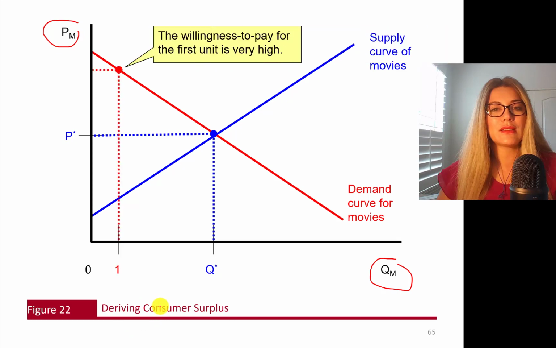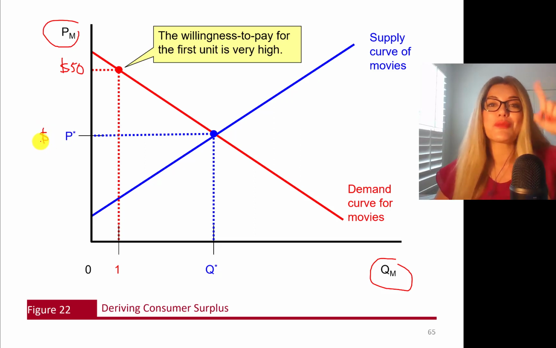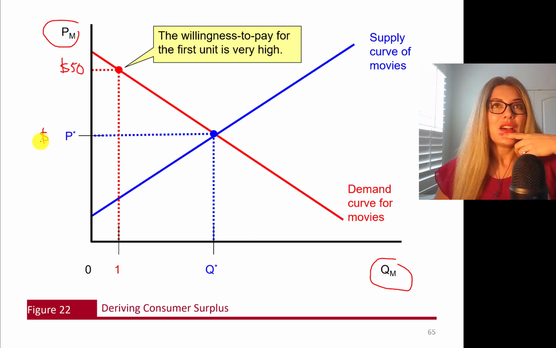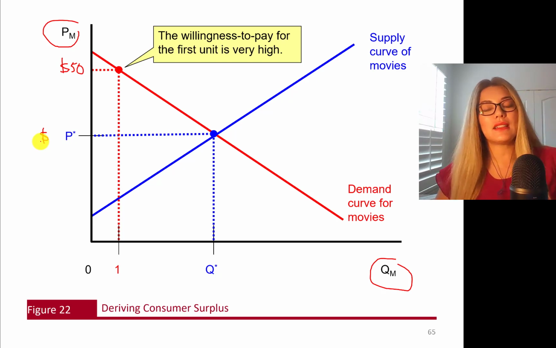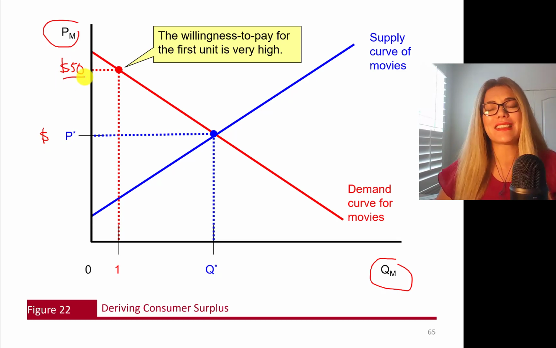Willingness to pay for the first unit of movies is really high. Somebody is willing to pay, let's say, I'm just making this up, $50 for the first movie. But let's say this is a very rich person, for instance the CEO of Amazon. $50 is nothing to him to watch a movie at the movies.